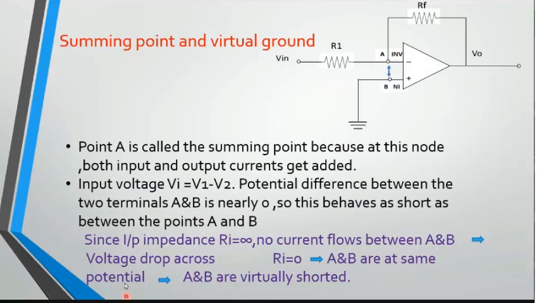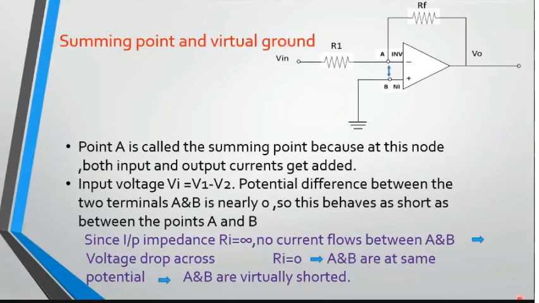Since input impedance is high, no current flows between A and B, and so the voltage drop across Ri is zero. So A and B are both at the same potential, and because they are at the same potential, no current can flow through this, and because of that you call this a virtual ground.